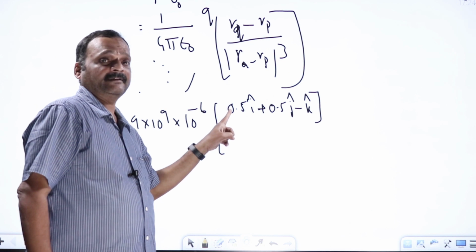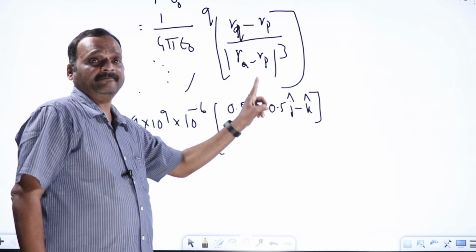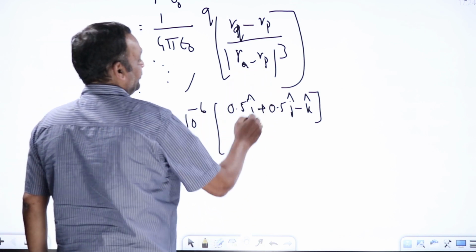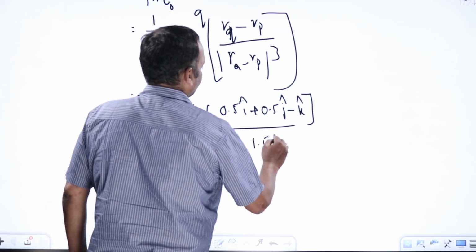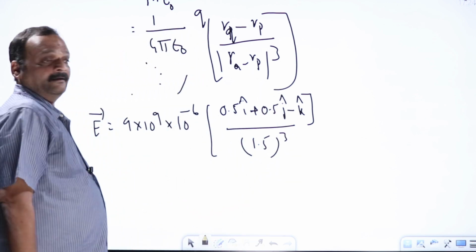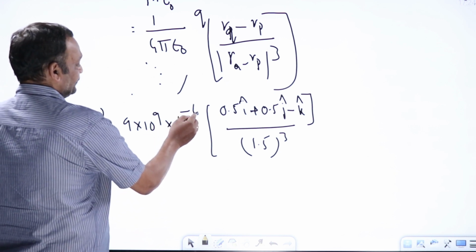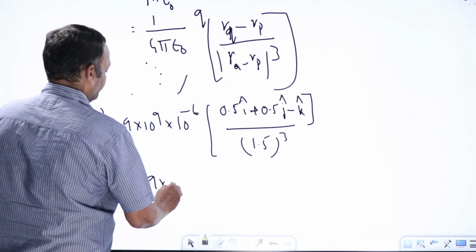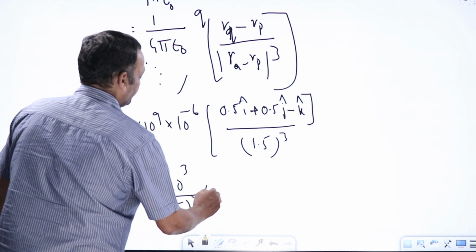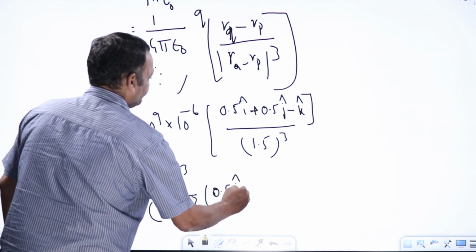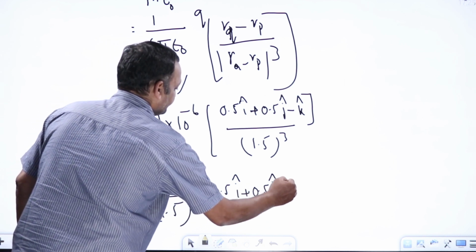That is 0.25 plus 0.25 plus 1, which is 1.5, so the magnitude of RQ minus RP is 1.5, and whole cube. If I simplify, 9 into 10 to the power 9 into 10 to the power minus 6, that is 9 into 10 to the power 3, by 1.5 whole cube, into 0.5 i cap plus 0.5 j cap minus k cap.